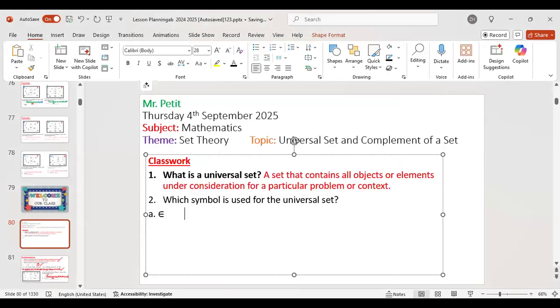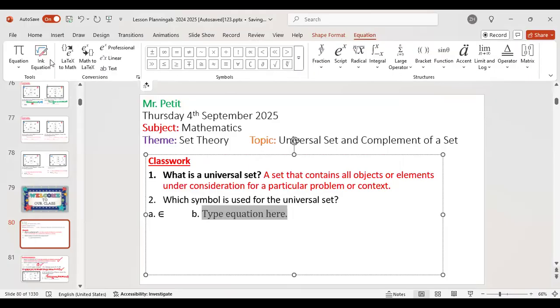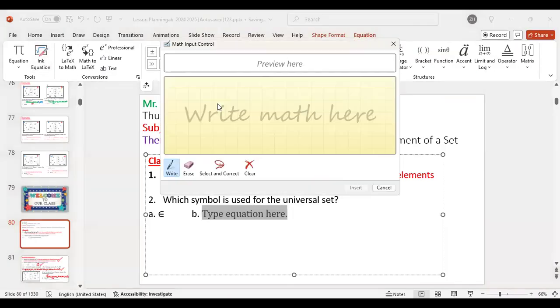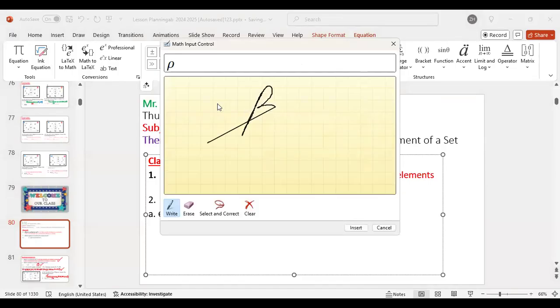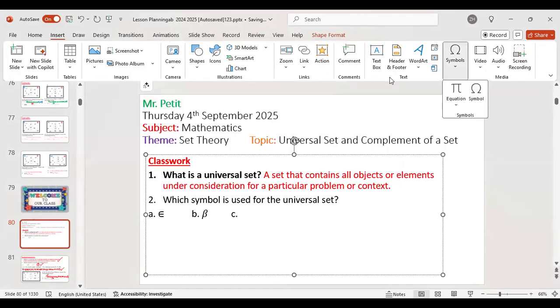That's A. This is B. B is this symbol. C. C is the symbol.